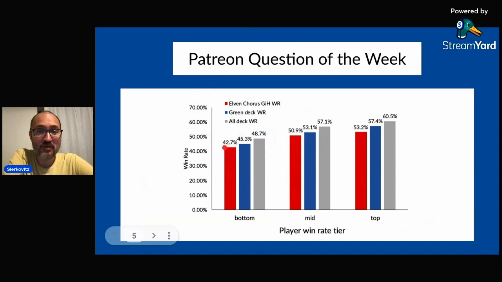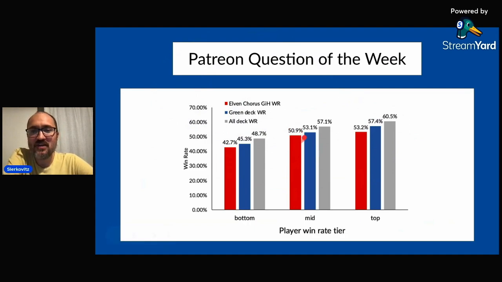So there's 42.7% win rate in the bottom tier, where green decks have 45.3% win rate, and all decks have 48.7% win rate, the 2-color decks at least. So it's like 6 percentage points below the average for all decks, and it's still almost 3 percentage points below the green decks. So it's not even good in the decks where it technically should be.